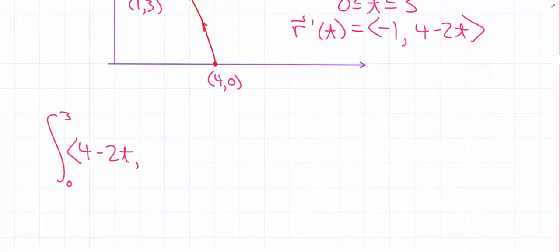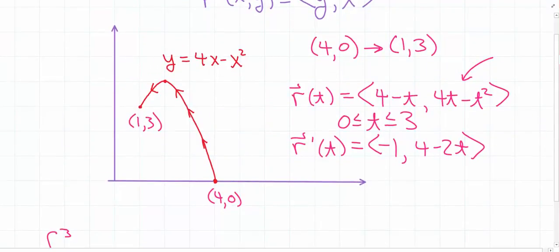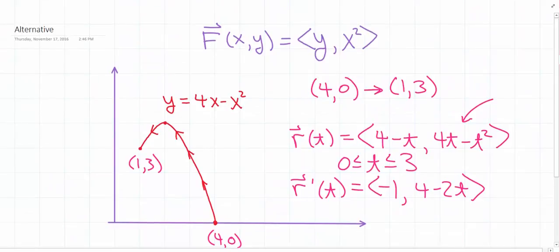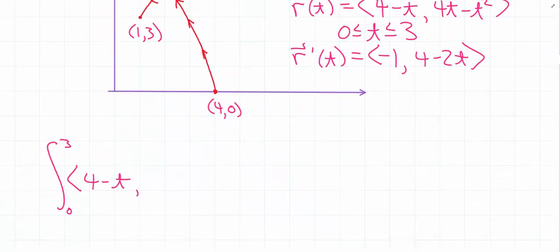So what is x? Actually, it's not 4 minus 2t, is it? 4 minus t. Okay. And then you look up here and you say, well, what was my y? 4t minus t squared. And that's what I put in. Well, for the y, I put 4t minus t squared, don't I?